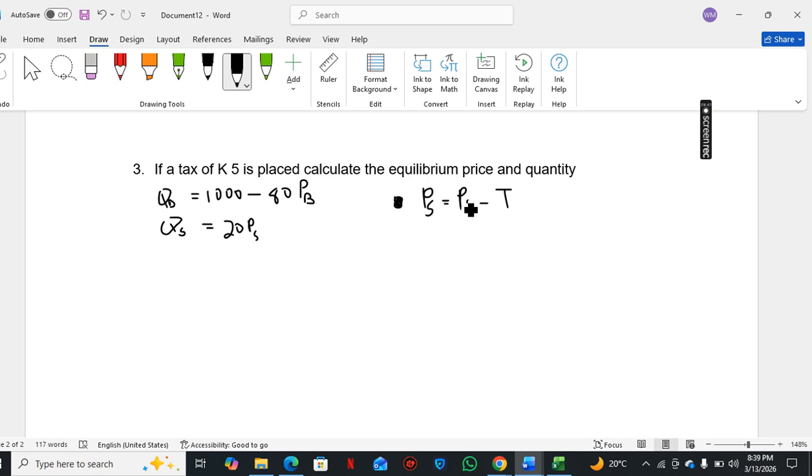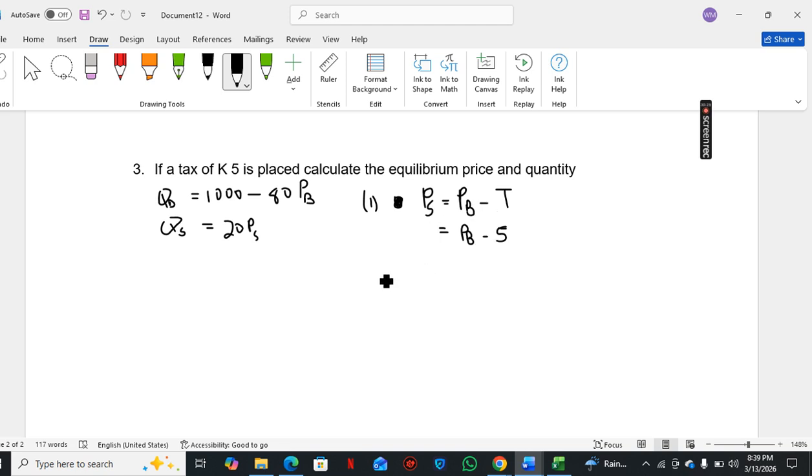Make PS equal PB minus T. The tax is 5 kwacha, so PS equals PB minus 5 kwacha. So step 1: equate PS equals PB minus T.